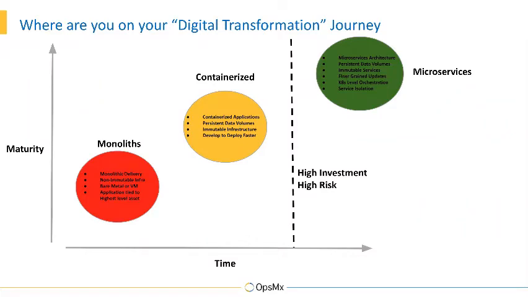And then obviously there's that move to a microservices architecture, where I'm ultimately breaking my application down to even smaller chunks, isolating those services, being able to update those services in isolation, and ultimately using Kubernetes or a Kubernetes type orchestration layer to orchestrate the delivery of that entire stack.